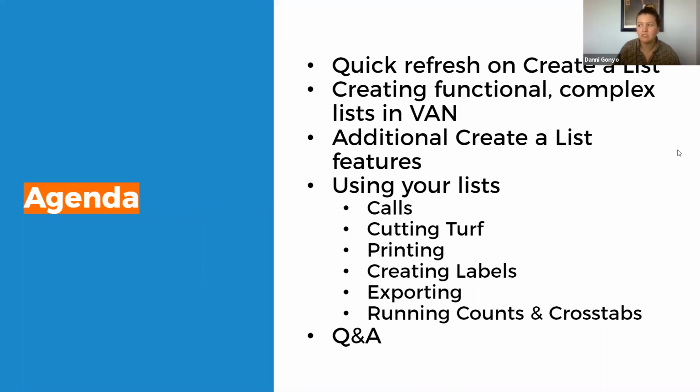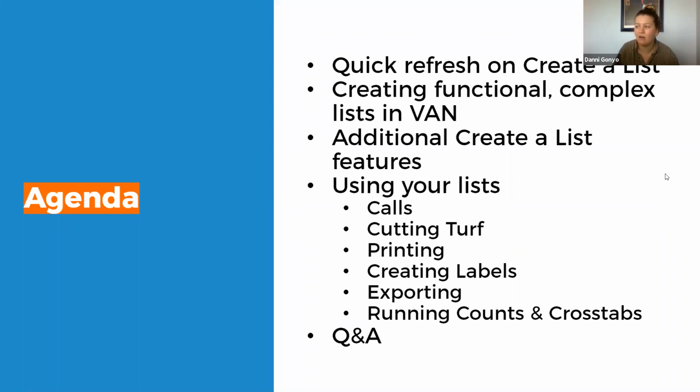So what we're going to go through tonight, we're going to do just a one slide quick refresh on create a list, and then we're going to walk through how to create functional but also complex lists in VAN. So some of the ways that we recommend using multiple steps, building off of what we talked about last night. We'll also walk through some advanced and more additional create a list features that you may not have used as much before.